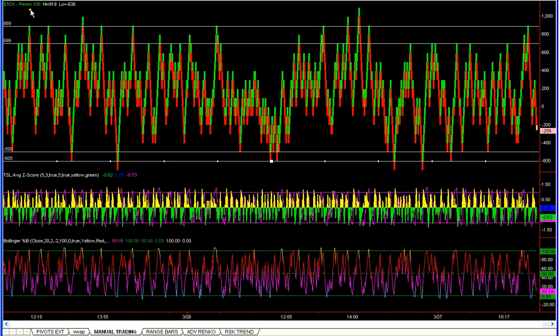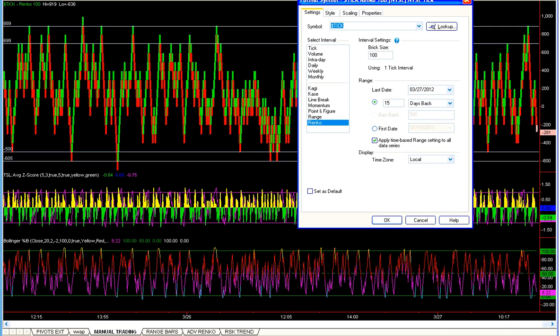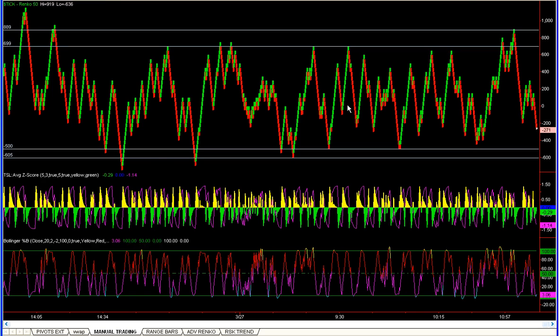Find a brick size that gives you a nice range of data. You want to go back a few days on this and just pick out where your ranges seem to be maximizing. Now, I don't use a 100 tick bar for plotting this data. I use a 50. I just put that up there for the purpose of determining my range. But in the real world, I'm going to use this.